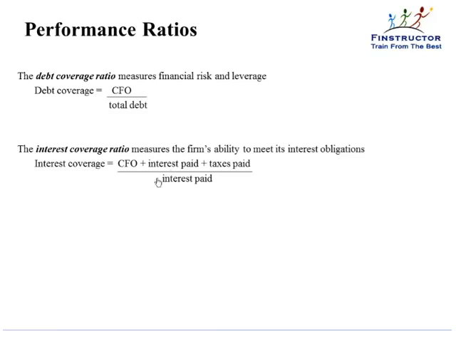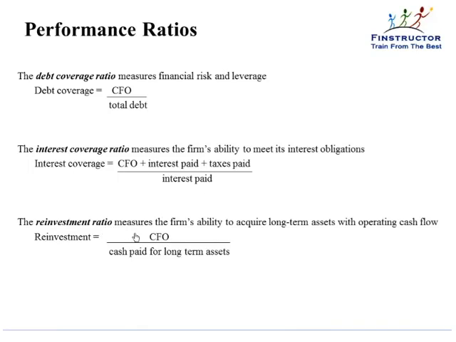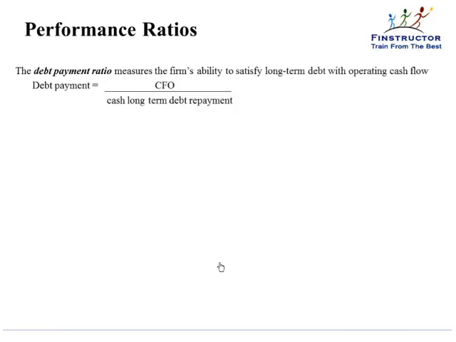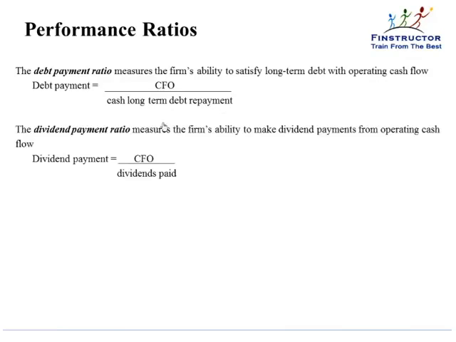Interest coverage ratio is the cash flow from operation plus interest plus taxes, that is cash available to pay my interest, upon the interest paid. Similar to the EBIT coverage ratio that we'll study in the next review. Reinvestment ratio is the cash flow from operations upon the cash invested in long-term assets. Debt payment ratio is the CFO upon long-term debt repayment.